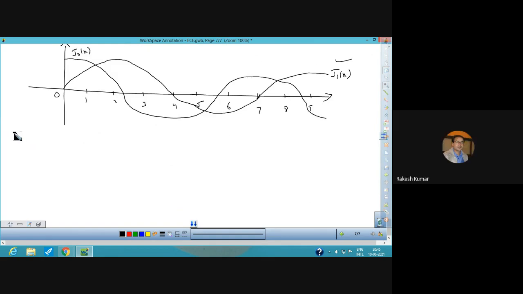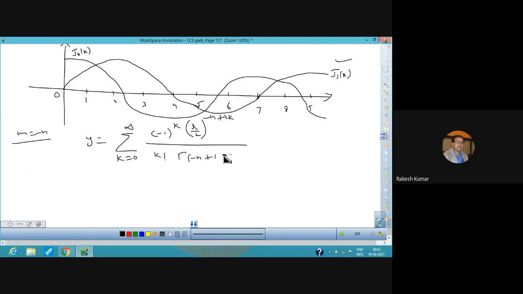Now the second case was m is equal to negative n. So if we take m is equal to negative n, then summation k is 0 to infinity, minus 1 raised to power k, x over 2 raised to power negative n plus 2k, and divide by k factorial gamma negative n plus k plus 1.